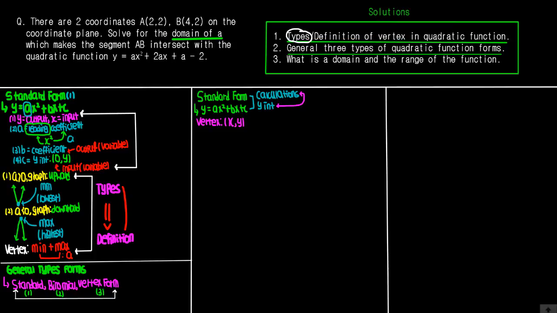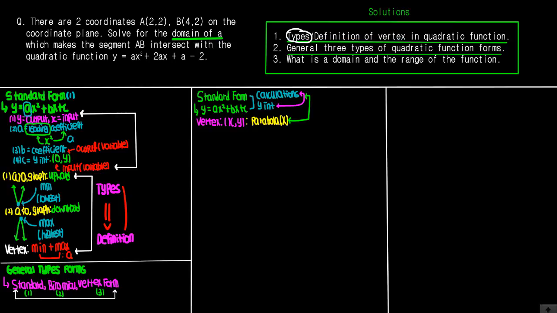But with the standard form, we can't draw a parabola, because there is no direct way to solve for our x and y. We need to convert this into some specific format, or a specific formula that we can apply to solve for a vertex.